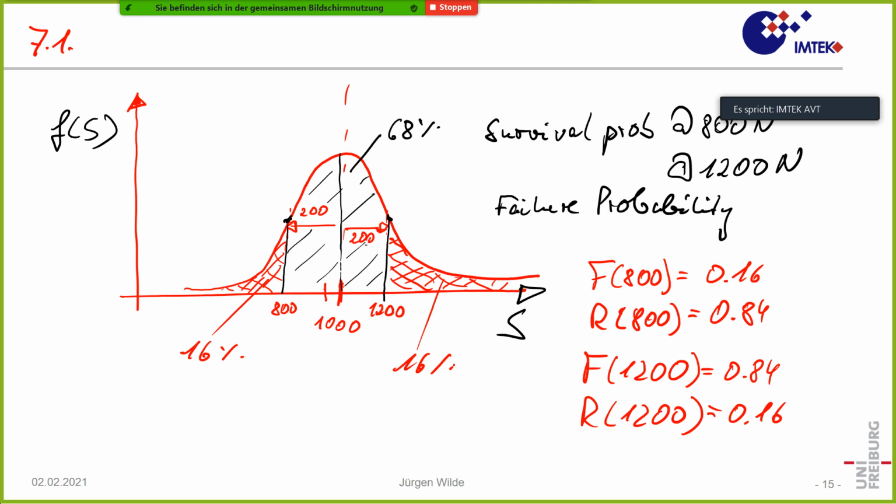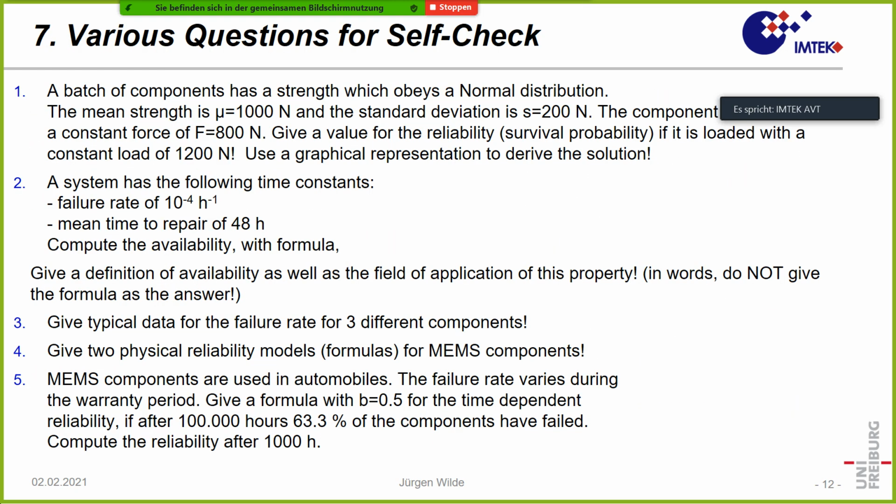But you have a distribution of loads, and in that way, again, you could see the failure probability as the overlap of the distribution of strength and stress. Okay, so that was for warming up.